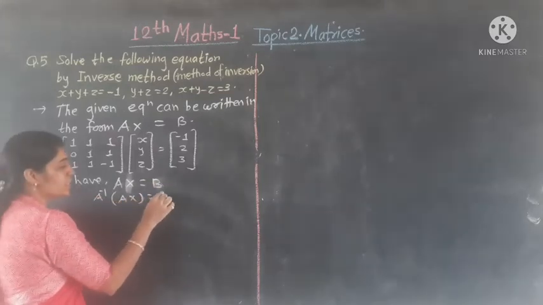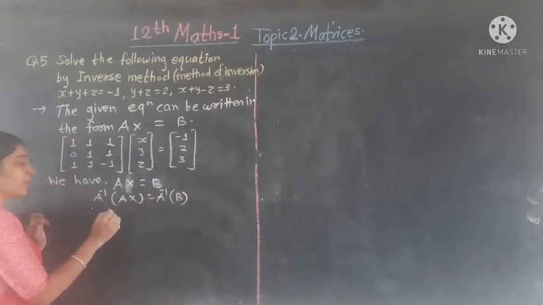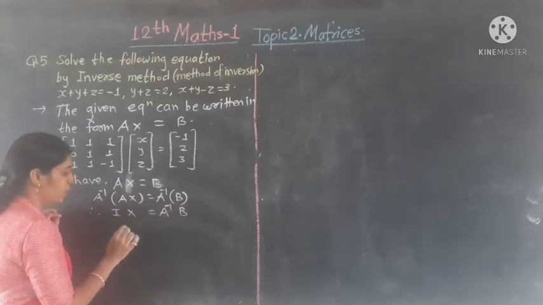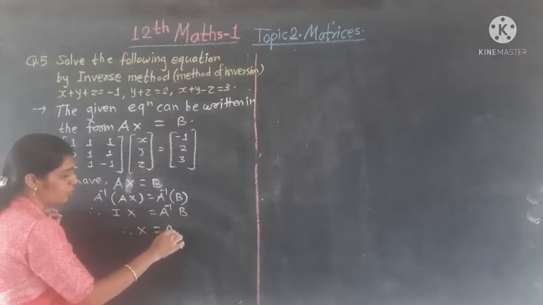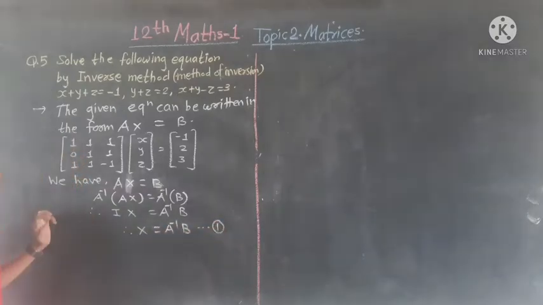So what happens? A inverse into A is I, into X is equal to A inverse into B. That is X is equal to A inverse B. Call this equation one.